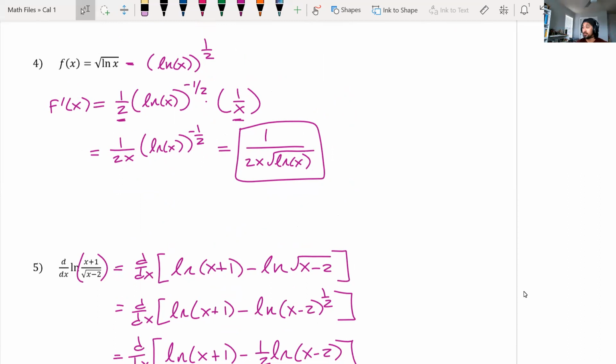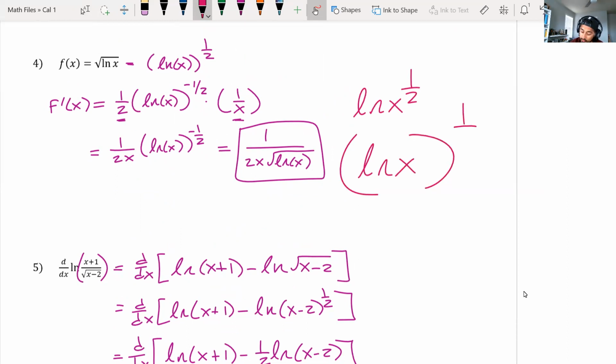It's natural log x all raised to the 1/2, the whole thing rather than just x. So no, that's a good question, because remember for this one, if it was natural log of x to the 1/2, then we can move it down. It's because it's to the x, it's tied to the x only, right? But since it's natural log of x all to the 1/2, these are two different things. They are not the same. For sure. So no, that was a good question.